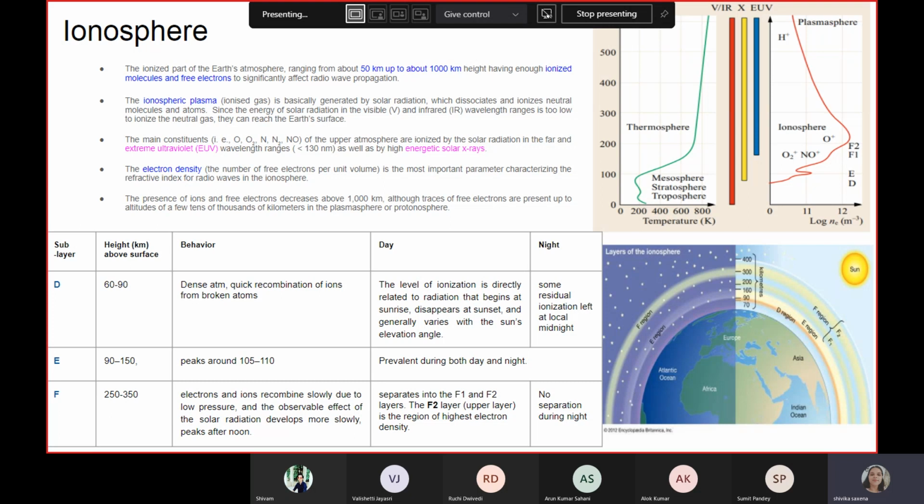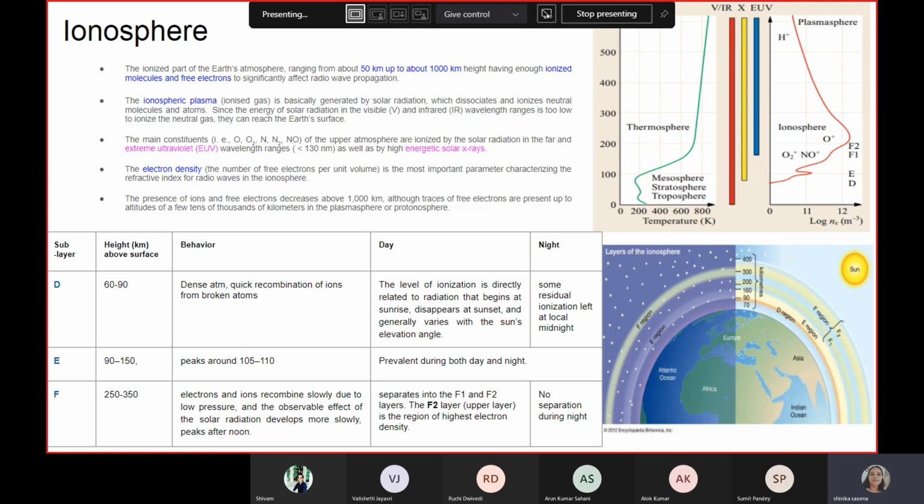Because of the high density of the atmosphere, the neutral molecules, although they are breaking up, quickly recombine because their affinity towards each other is more. Why is the affinity towards each other more? Because this layer is relatively dense.